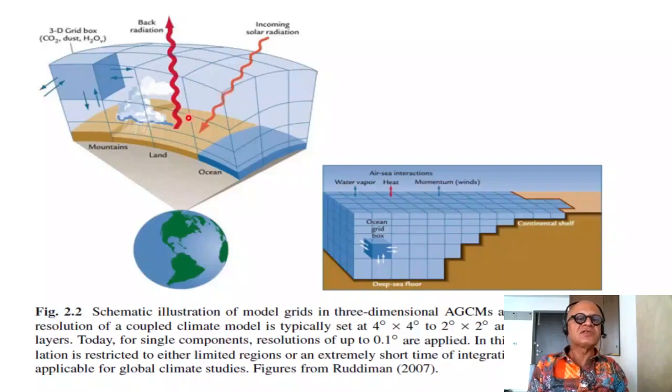So various kinds of assumptions happen, and the 3D grid boxes carry variables like greenhouse gases, dust, water vapor, and then there is energy coming in, energy going out, clouds are being formed, heat is being transported, evaporation, precipitation, etc. happen.